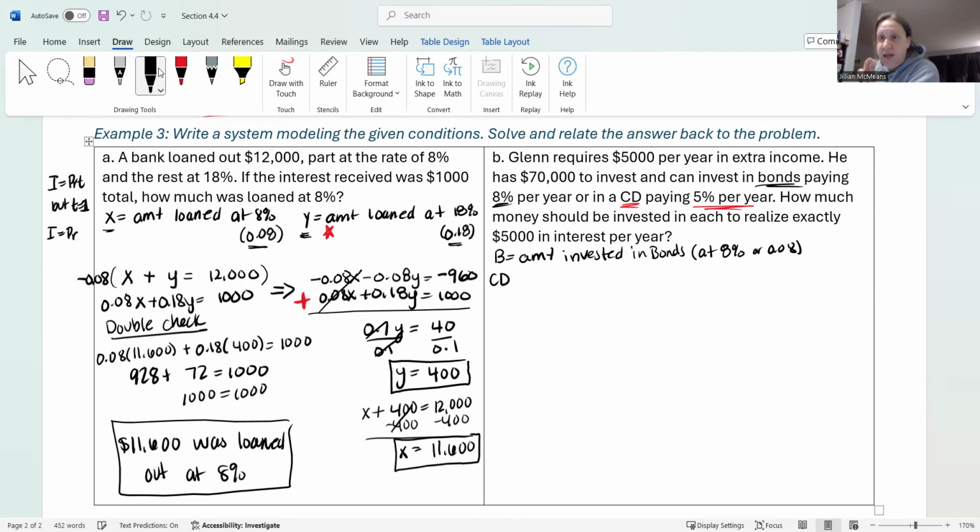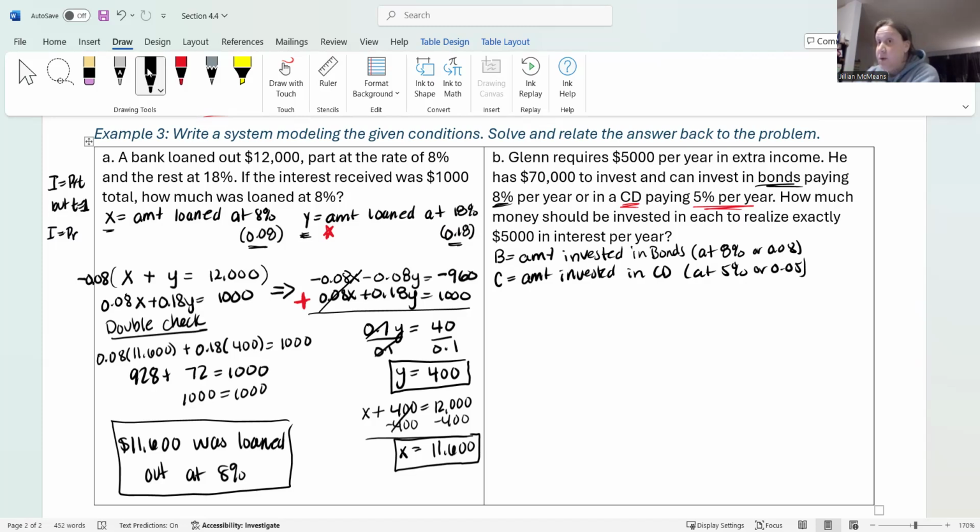We'll just think of CD as a single variable, or if it's easier, we could just think C for CD. Let's do that instead. We'll think C is the amount invested in the CD. That's at 5% or 0.05. Remember, in math, when we have percentages, we convert them to their decimal format to put them into different formulas and equations. Okay, so we've assigned our two variables.